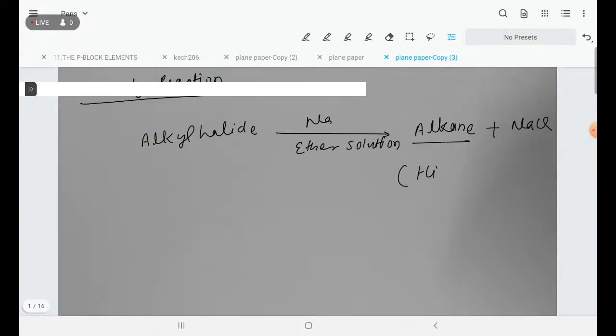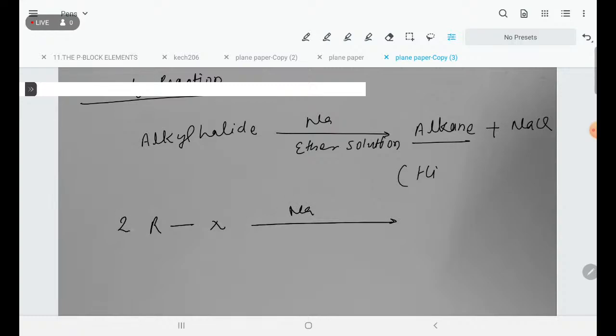Now this reaction is all about this one. You can see, right? So let us have a look at an example, friend. What can be the example of this? Suppose we are having RX and you are going to treat it with sodium metal.